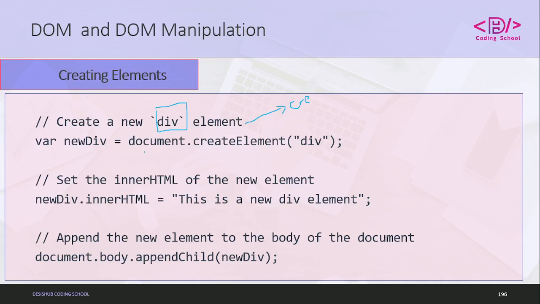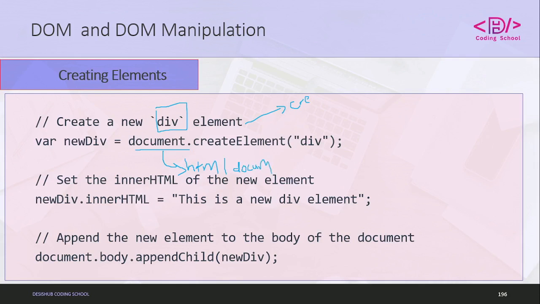The new div is document. So we are accessing the document, and this refers to the current HTML document. Our current HTML document that is displayed in the browser is what we refer to as the document.